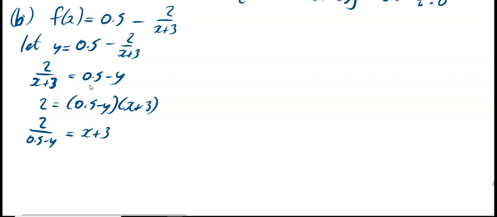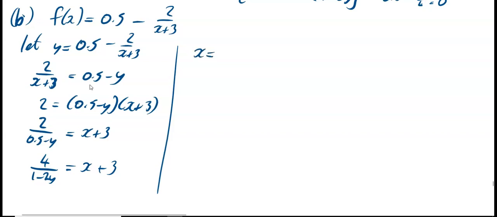And probably what I would do at this stage is tidy up the left hand side a bit. Top and bottom can be multiplied by 2 to give you 4 over 1 minus 2y, which is a wee bit prettier than having that 0.5. And so that's still equal to x plus 3. And then your last part of the rearranging, make x the subject, x equals 4 over 1 minus 2y minus 3.